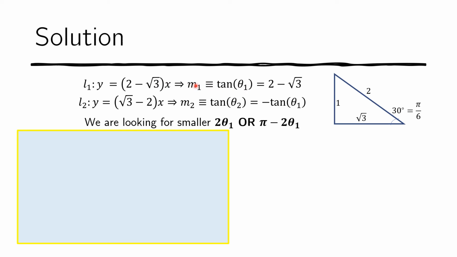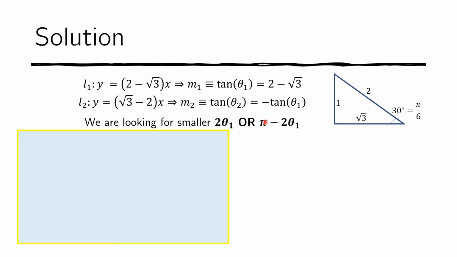We have rewritten the slopes and the relationships, and this is the triangle that we might need to solve. And we see that this is what we're looking for, or this, whichever is smaller. Smaller because we want it to be less than pi over 2, or 90 degrees.